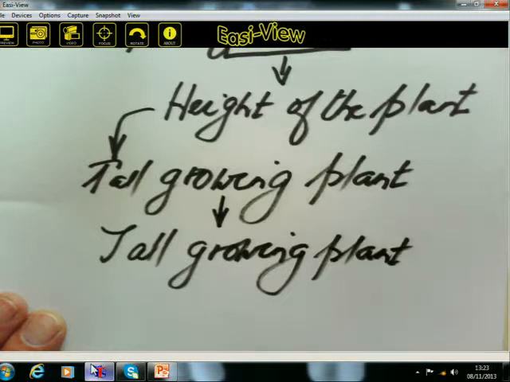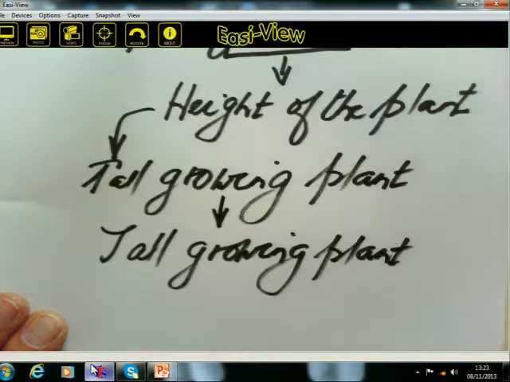I repeat, if I say a tall growing plant is true breeding for that specific characteristic, it implies that the offspring will always be tall growing plants. It will never ever deviate from that.